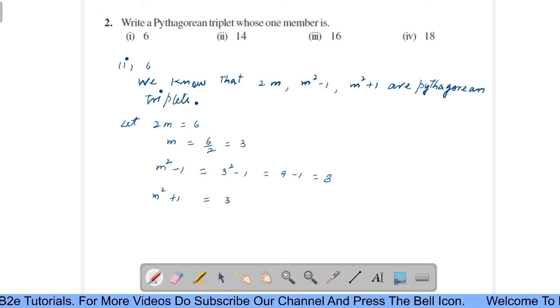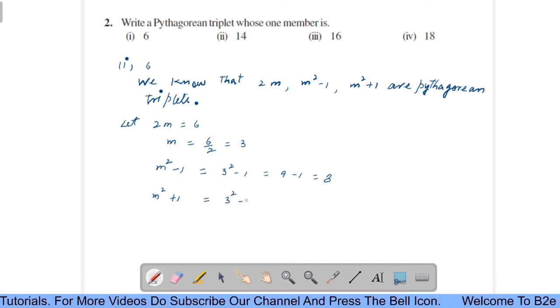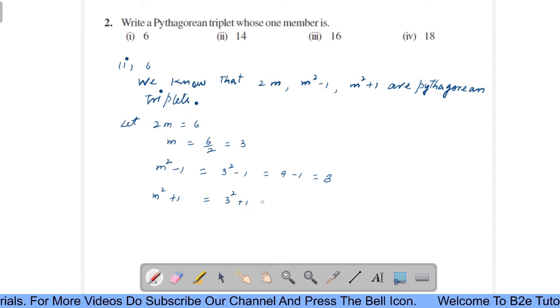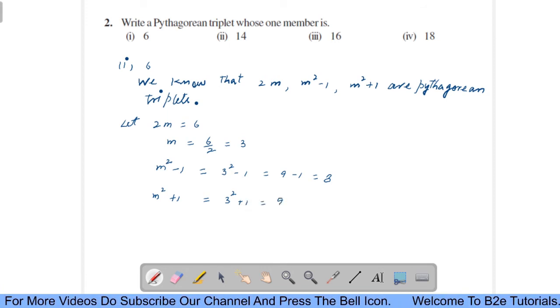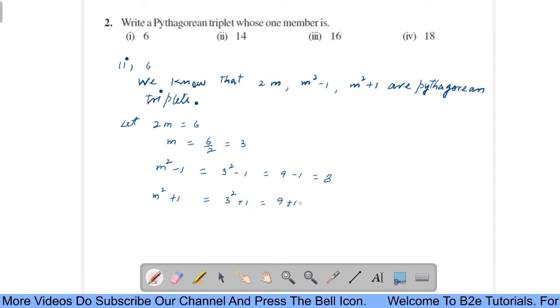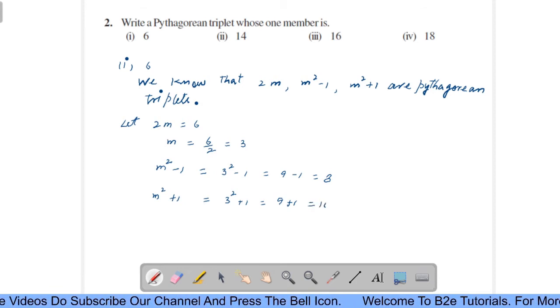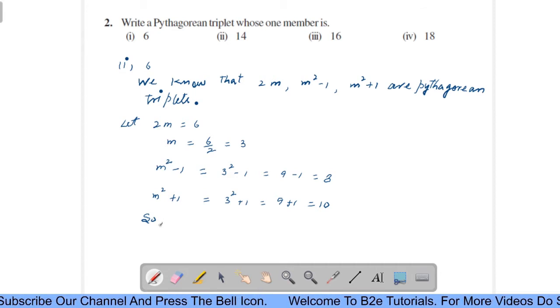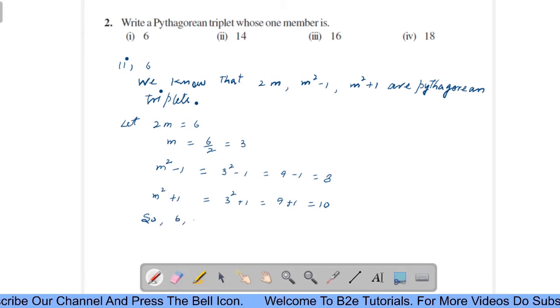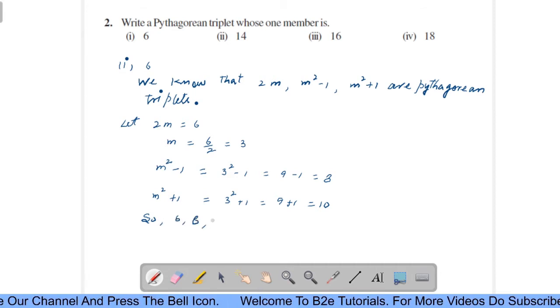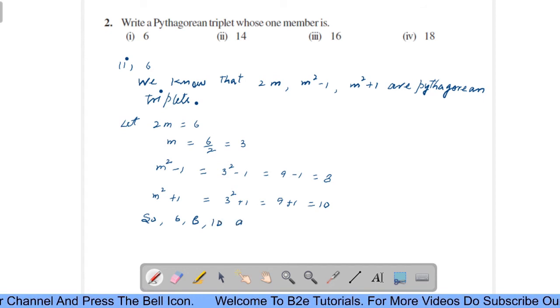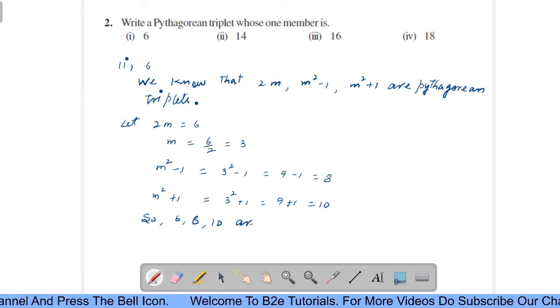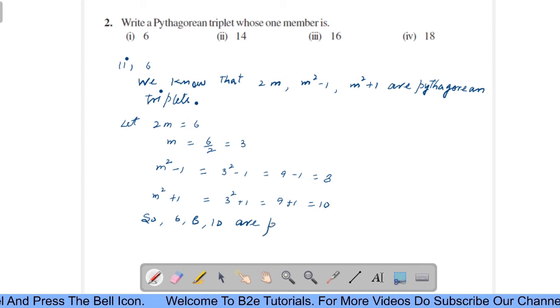M is 3. 3 square plus 1. 3 square it is 9. Plus 1 it is 10. So 6, 8 and 10 are Pythagorean triplets.